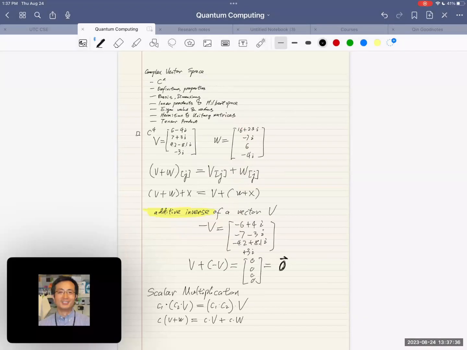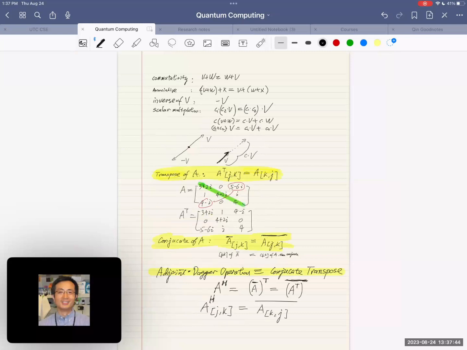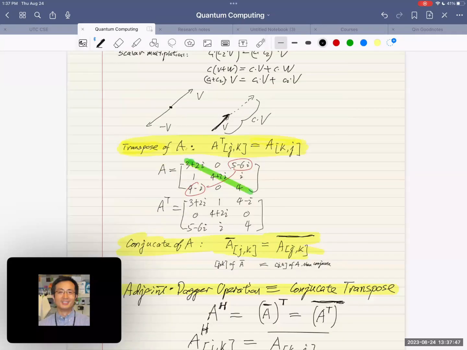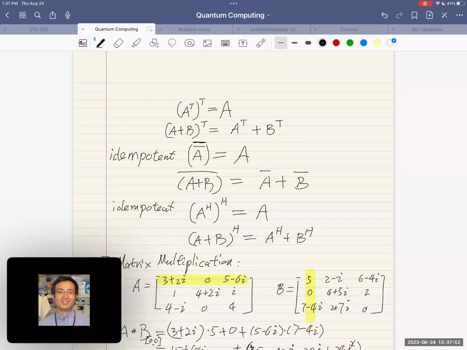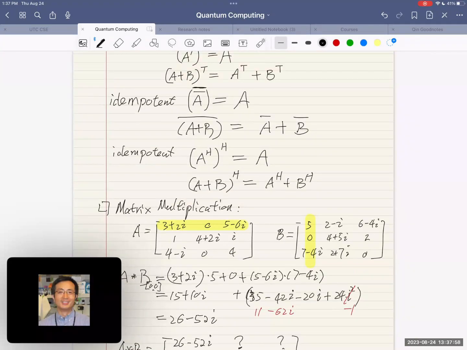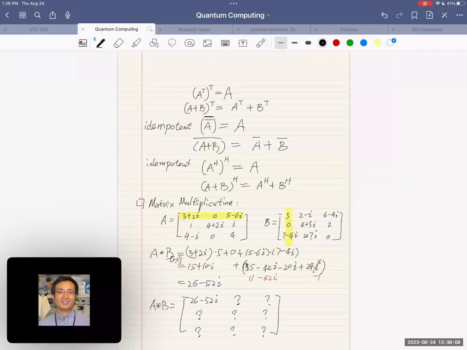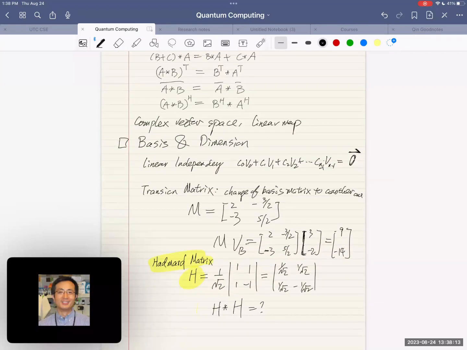We mentioned the additive inverse of the vector, matrix multiplication, complex matrix multiplication, transpose, conjugate transpose, properties of the conjugate transpose and conjugate matrix multiplication, basis, dimension, and the Hadamard matrix.